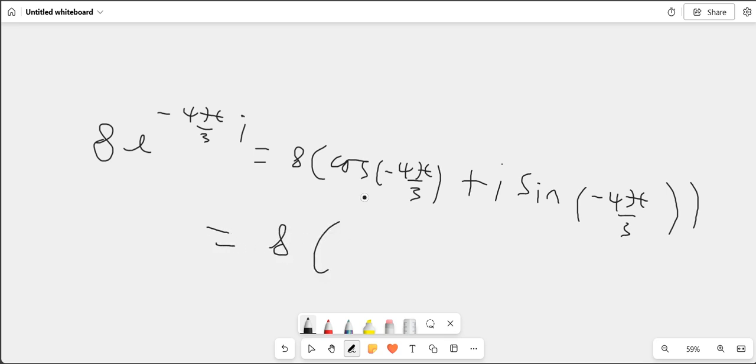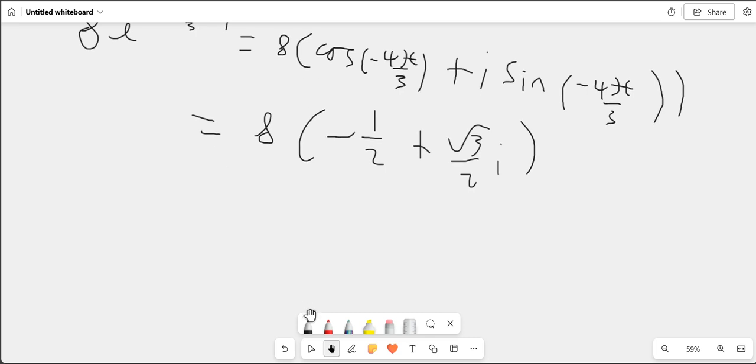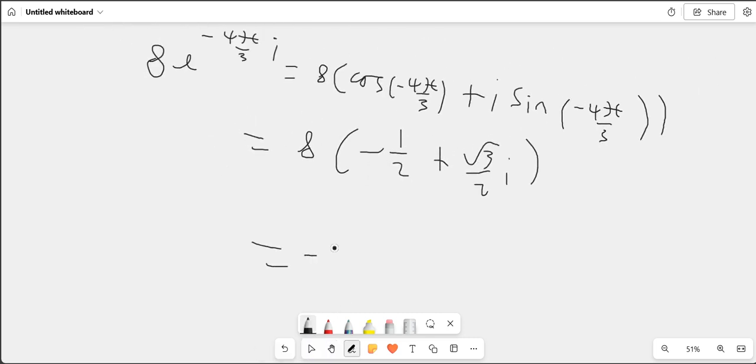That's going to be 8 open bracket cos -4π/3 becomes -1/2. And then sin -4π/3 becomes √3/2 i here. And then times 8 inside, and then you'll get -4 plus 4√3 i. That's the final answer.